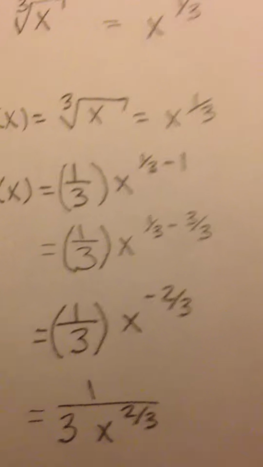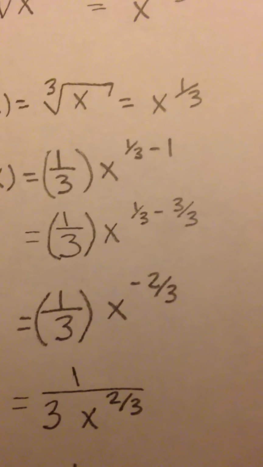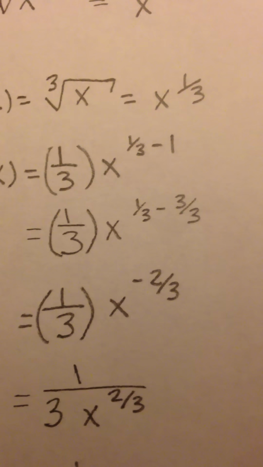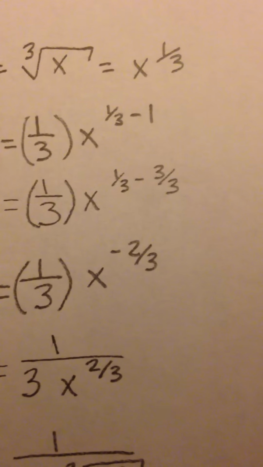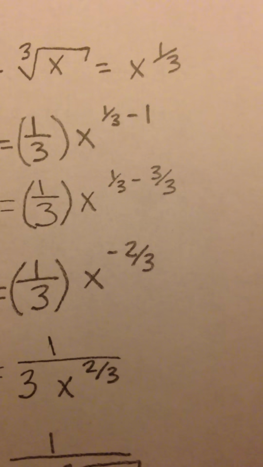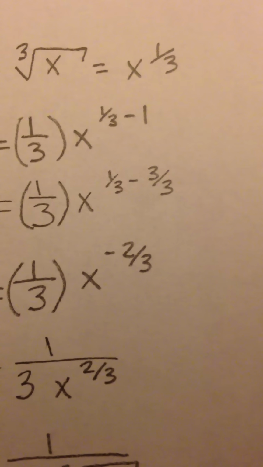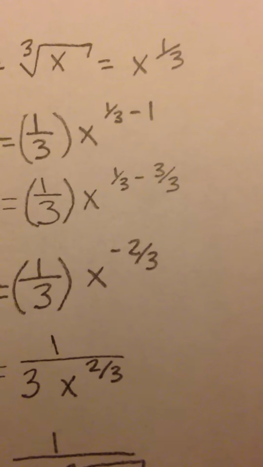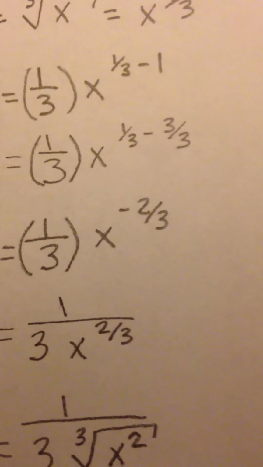So the 1/3 comes down in front of the x, and that leaves us with x to the 1/3 minus 1. And since it's 1/3, 3/3 is going to be 1, so we have 1/3 times x to the negative 2/3, which should be super easy.